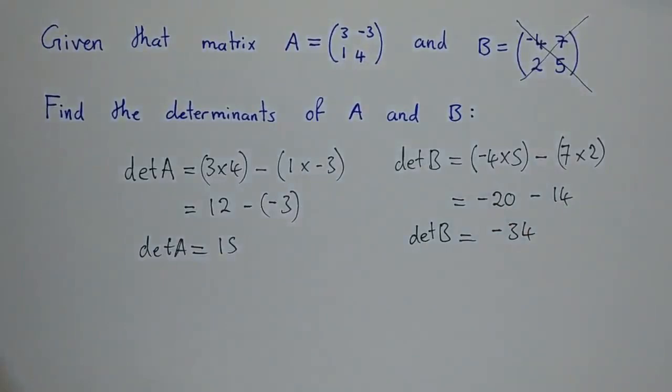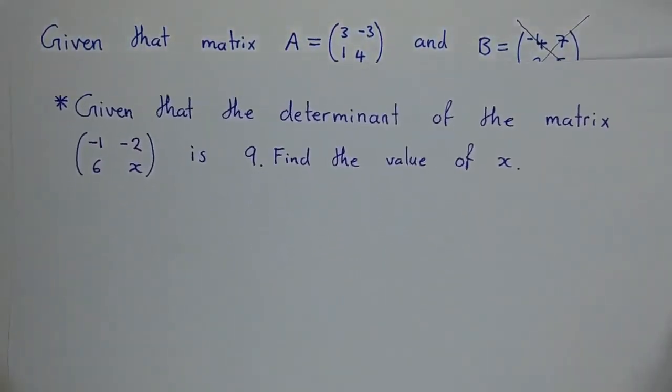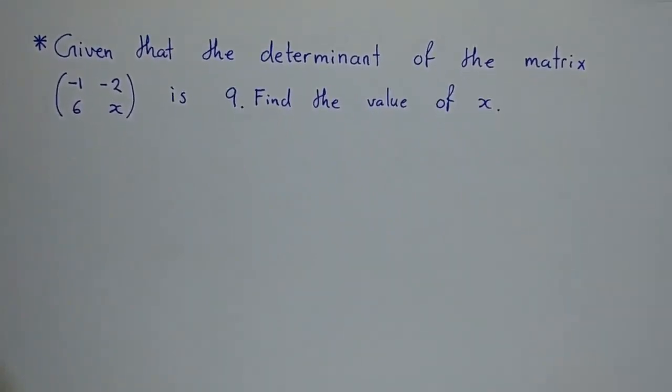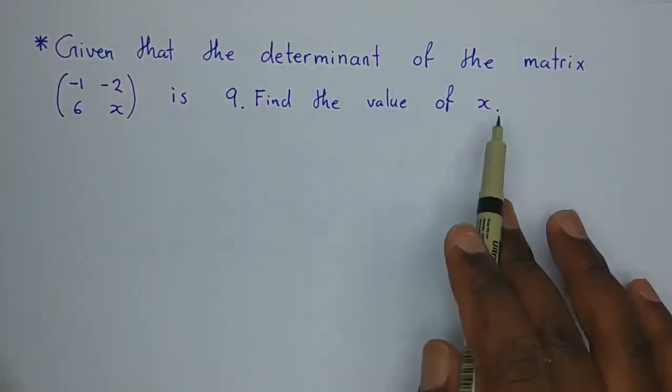Then there are some questions in which you'll be given the determinant, then you'll be asked to find a certain value within the matrix. Given a question, for example, this one: given that the determinant of a matrix, this is a matrix that we have, is 9, find the value of x.